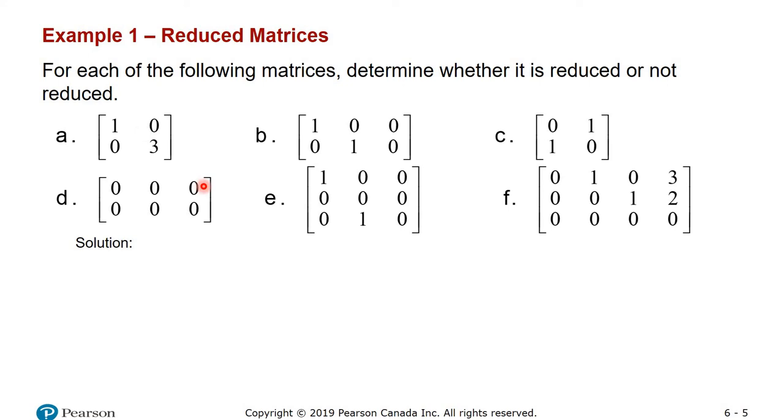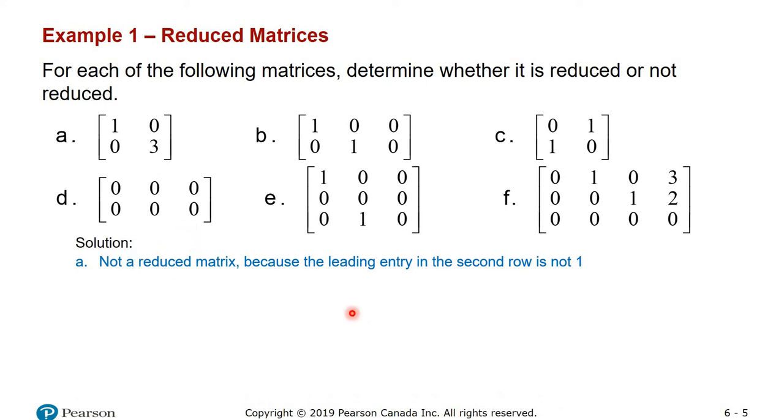The second condition said that the leading entry, the first non-zero entry, must be 1, and it must have zeros above and below it, right? So in row 1, we see that the leading entry is 1, and it has zeros below it, so that's been satisfied. But look at row 2, the leading entry is not 1, it's 3. So that means condition 2 has not been satisfied.